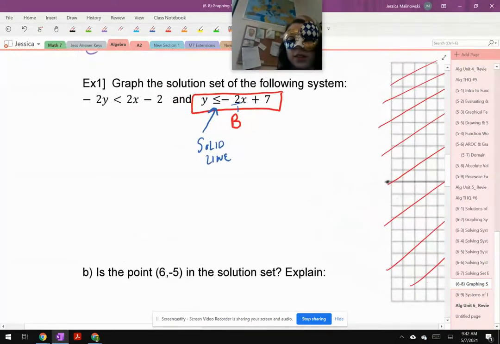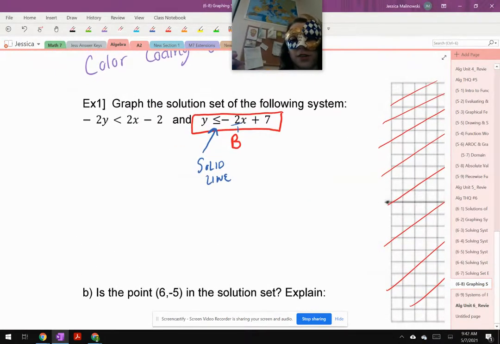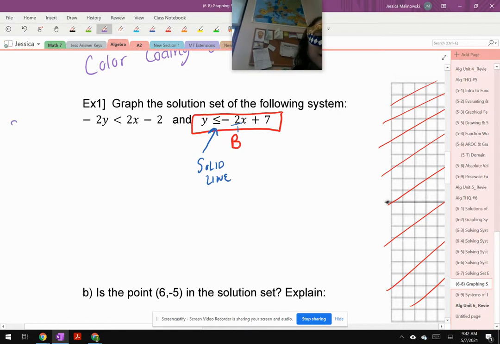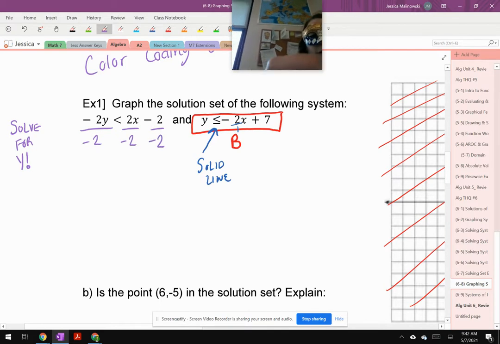All right, so now let's take a look at this line A, or this first line that they're giving us. And let's use purple. Here, I can see that y is not isolated. I need to solve for y first. I'm going to do that by dividing each piece by that -2, because that's what's preventing y from being alone.